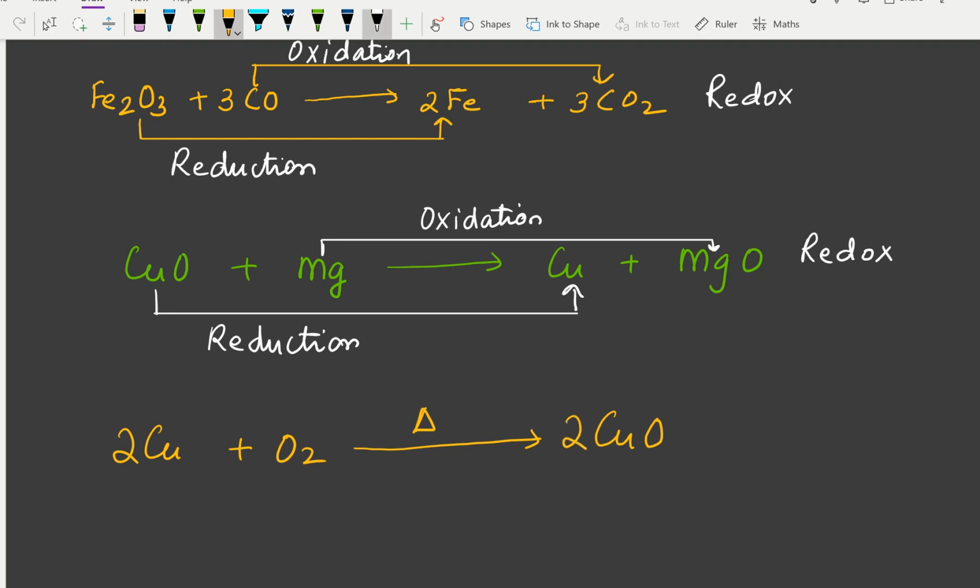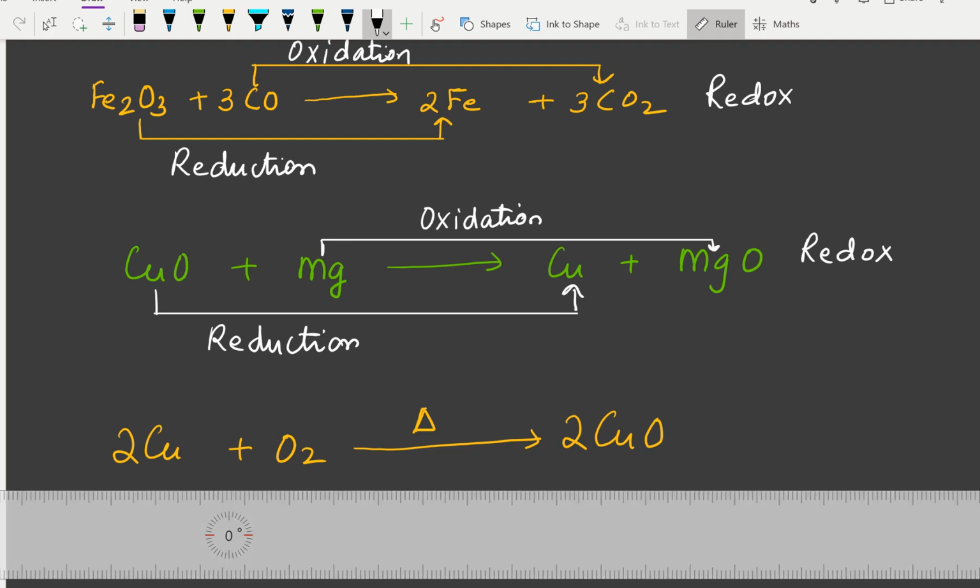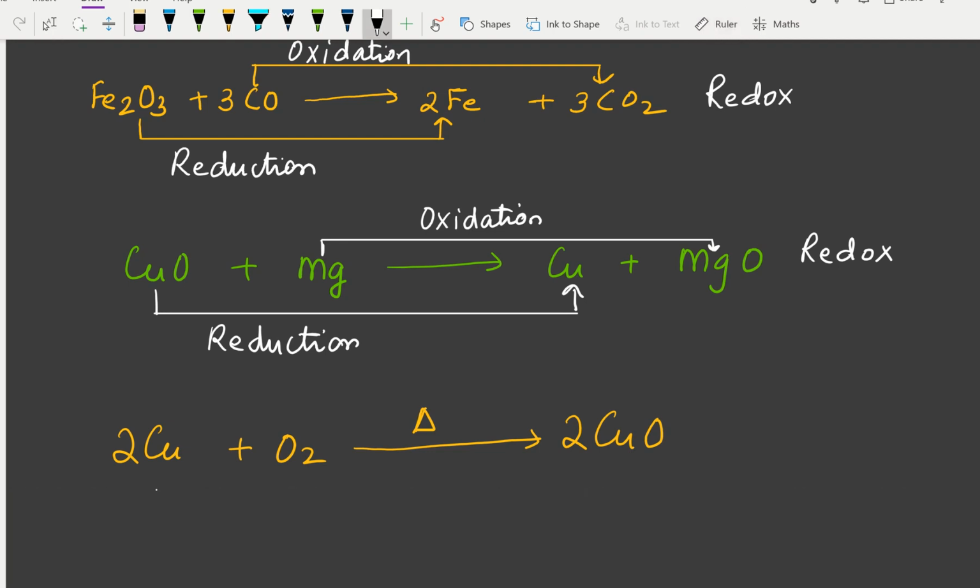Now let me see how these are related. Here there is a straight addition of oxygen to copper, and this is an example of oxidation. And why oxidation? Because simply oxygen has been added to copper.